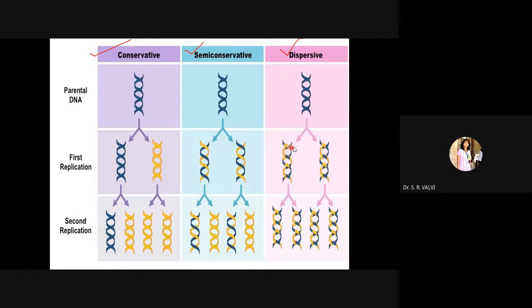This small point is of blue color and this small point is of yellow color. So here it means that half part is parental one and half part is newly synthesized one. Likewise this whole DNA is made up of patches of old and newly synthesized strand, right?